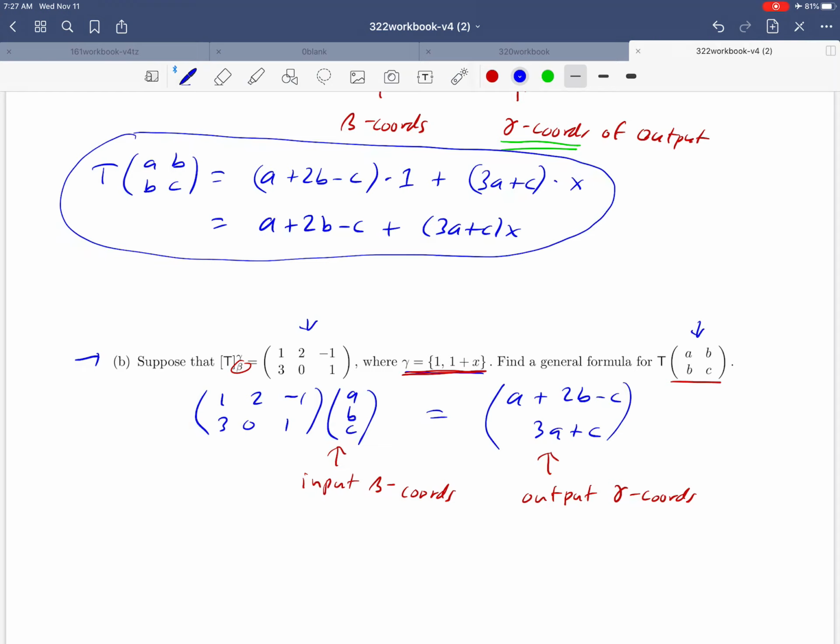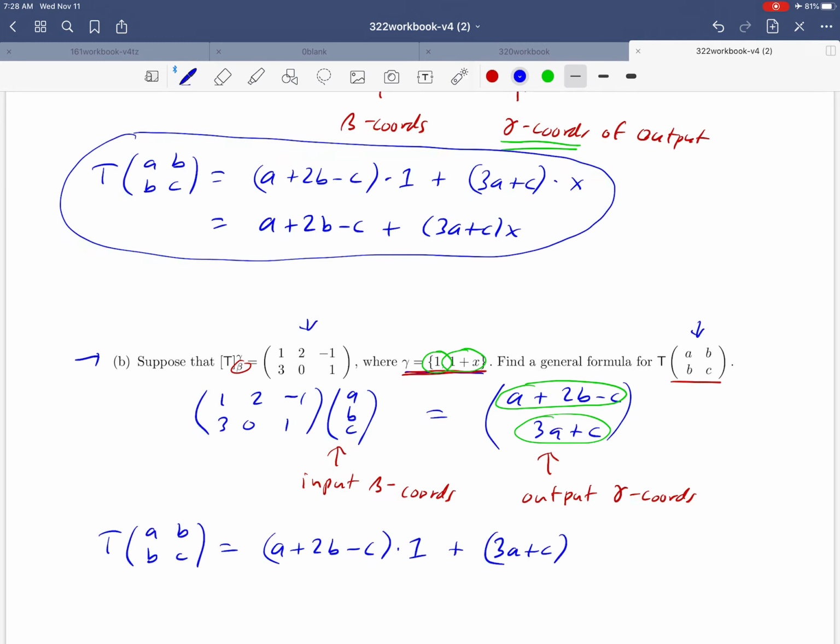T of the matrix [a b; b c] is going to be our first number, but this time times the first vector in gamma. So we'll get a plus 2b minus c times 1. And then second coordinate times the second vector, so 3a plus c times 1 plus x.